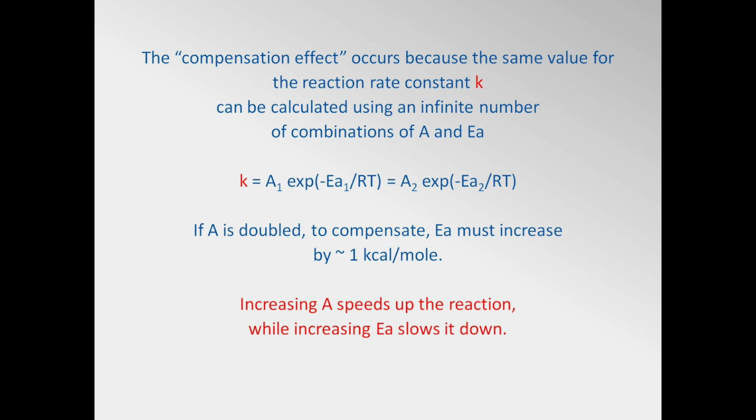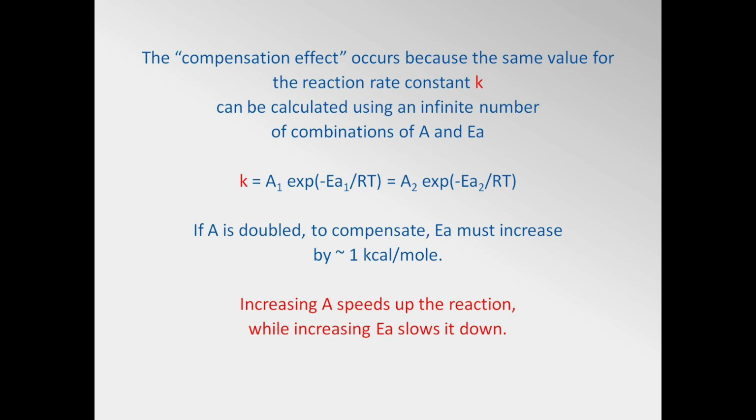Simply stated, the compensation effect occurs because the same value for the reaction rate constant K can be calculated using an infinite number of combinations of A and E, as shown by this equation. If you double the value of A, for example, in order to compensate, E must increase by approximately 1 kilocalorie per mole.